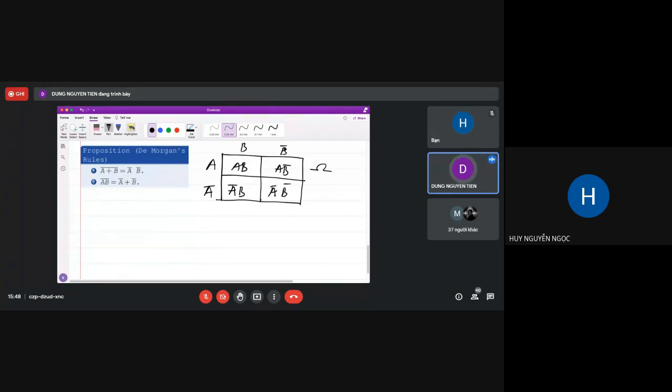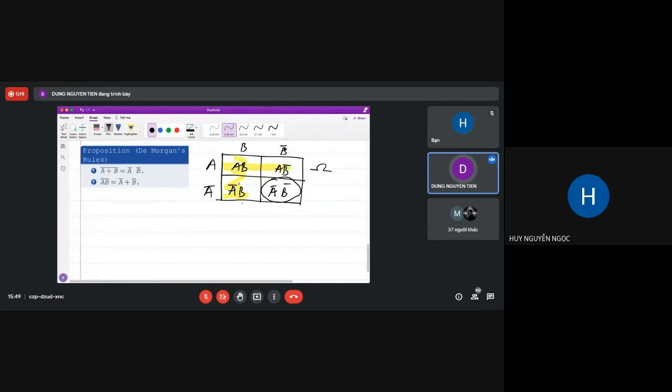Now you want to find the complement of the sum A plus B. This is A, this is B. So A plus B gives you three parts here, and the complement of the union will be the last one. So it's quite obvious that the complement of the sum A plus B is equal to A bar B bar, right?